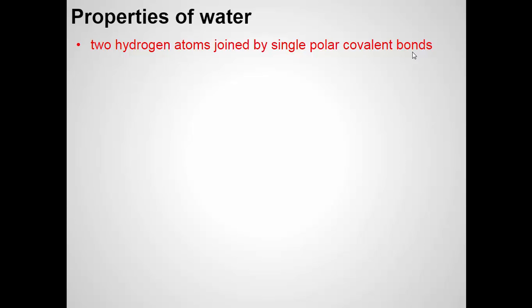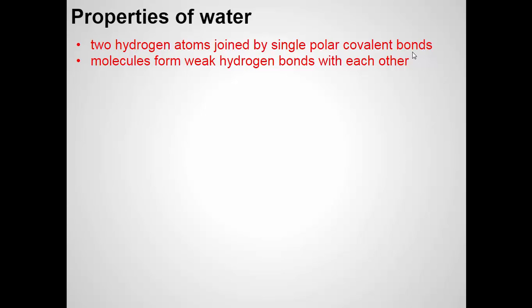The electrons are being pulled closer to the oxygen, making the molecule have a charge. And because of that, water molecules can form these weak hydrogen bonds between each other. You were drawing them yesterday with dotted lines, showing the oxygen and hydrogen forming these weak hydrogen bonds.